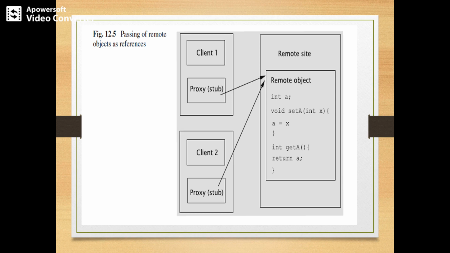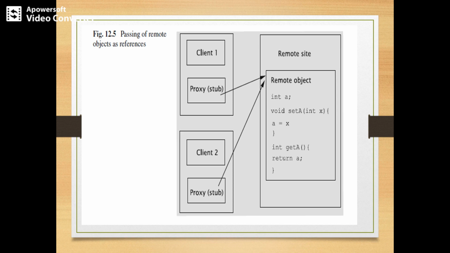Thus any changes to the object state by this client are reflected only in the client's copy, not in the server instance. Similarly, if the server updates its instance, the changes are not reflected in the client's copies.